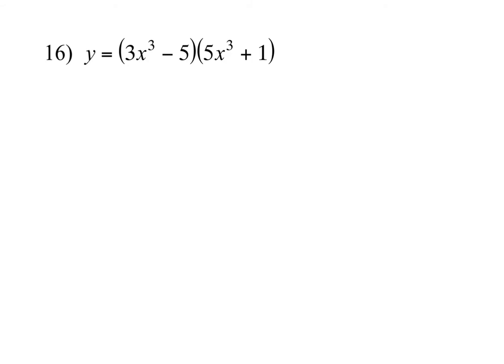So if you will remember product rule, your function derivative will be the derivative of the first times the second plus the first times the derivative of the second. So if this is my first function, then the derivative of that function is going to be 9x squared.